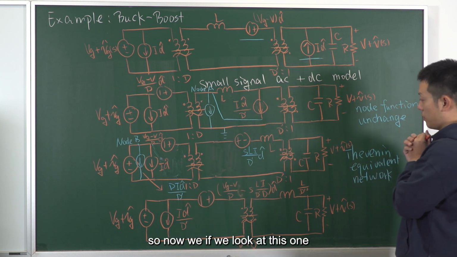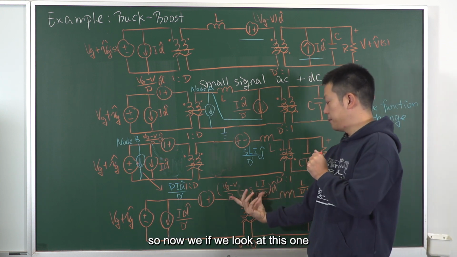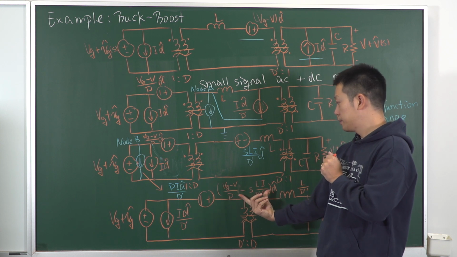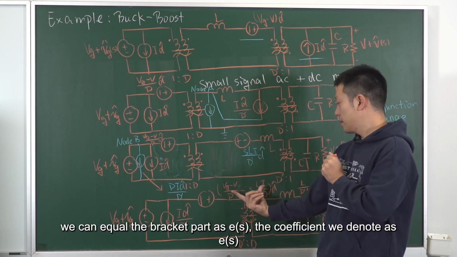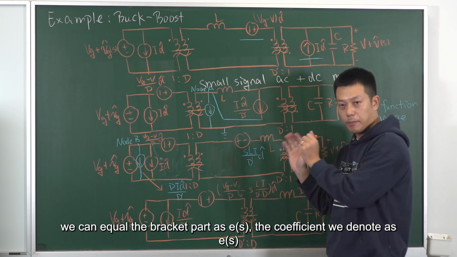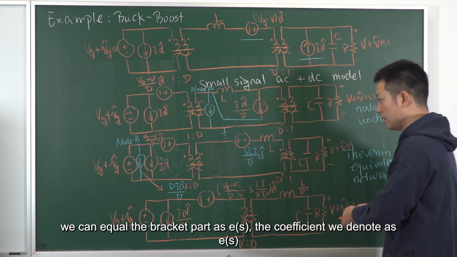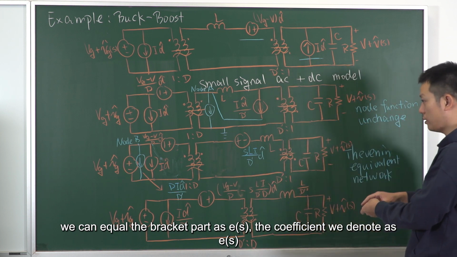So now, if we look at this one, we can call the bracket part ES, right? The coefficient we denote as ES.